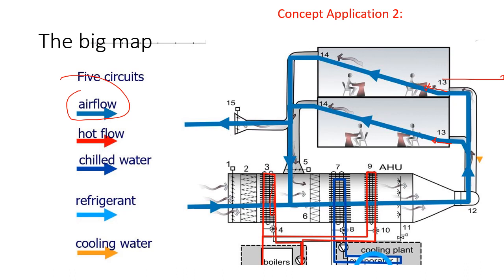Cooling water, we don't see this, but with a bigger map, you will see the pipes linked to the condenser, take the heat away from the condenser, deliver the heat by this cooling water, and dump the heat into the atmosphere at the cooling tower. And the cooling tower and these air handling units are the two subjects in our lab work.